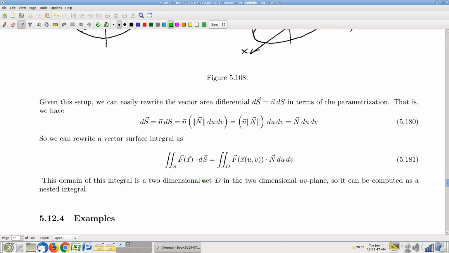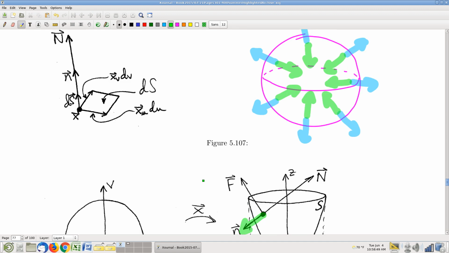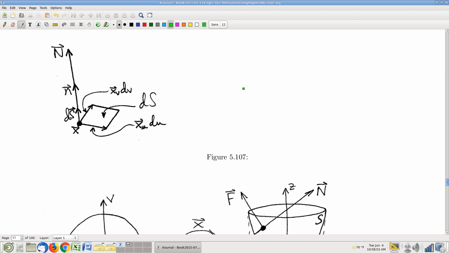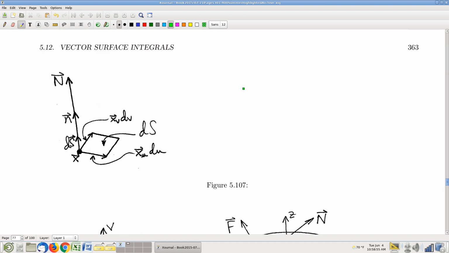So here's the landmine. I've got to come up here and draw another picture, and let me remind you about curves in computing vector line integrals. For example, we looked at this curve here, the upper semicircle in the XY plane, and we parametrized it going a certain direction.